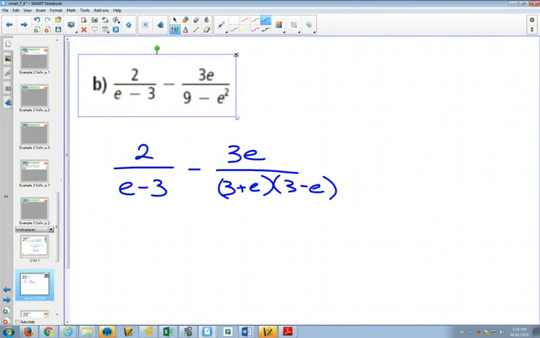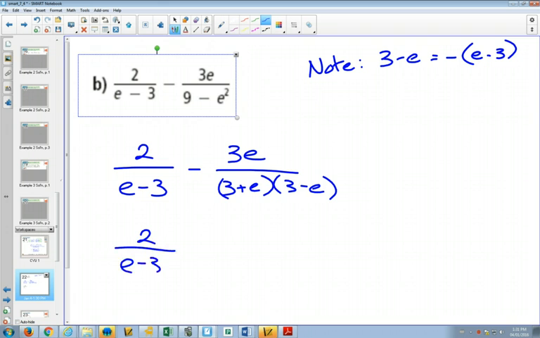Now, I don't know how many times we've written this note down, but we'll write it down again. You remember that 3 minus e is equal to minus e minus 3? You can factor a negative out so that you can rearrange it so that it matches up.